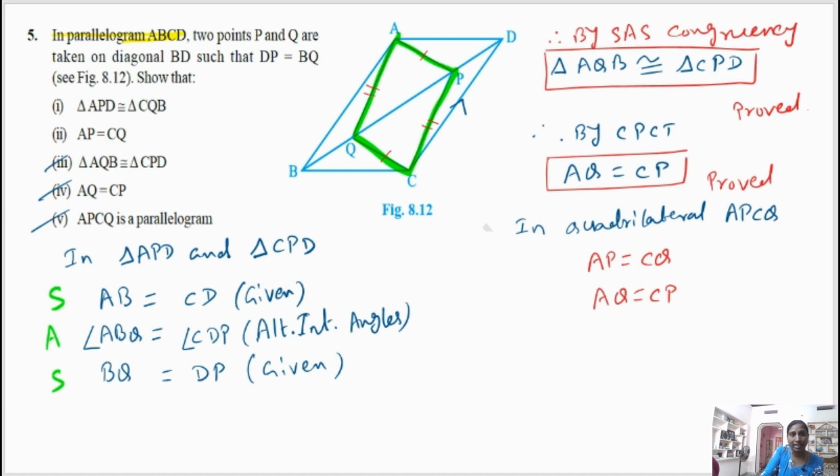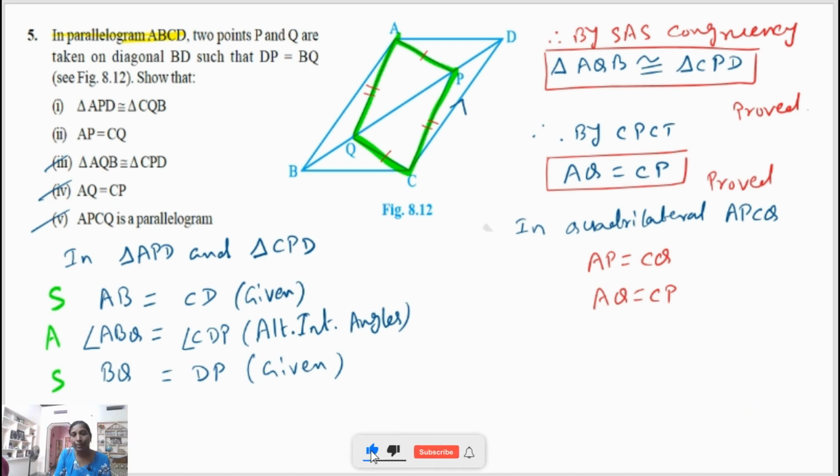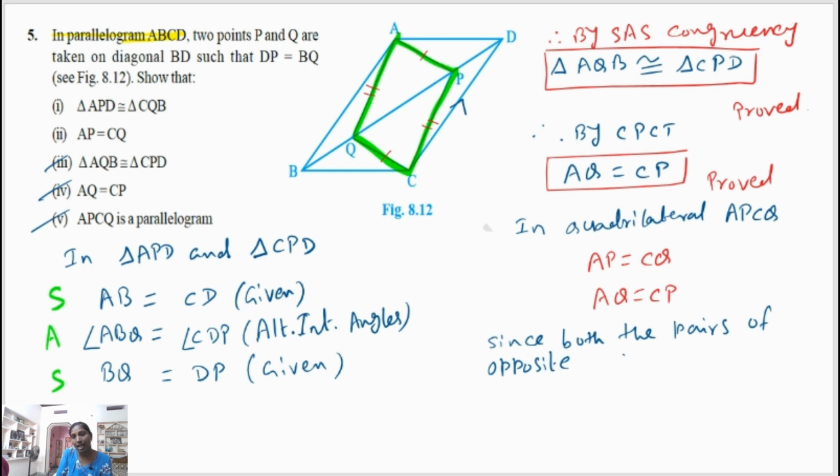So we can write, therefore, since both the pairs of opposite sides are equal, therefore APCQ is a parallelogram.